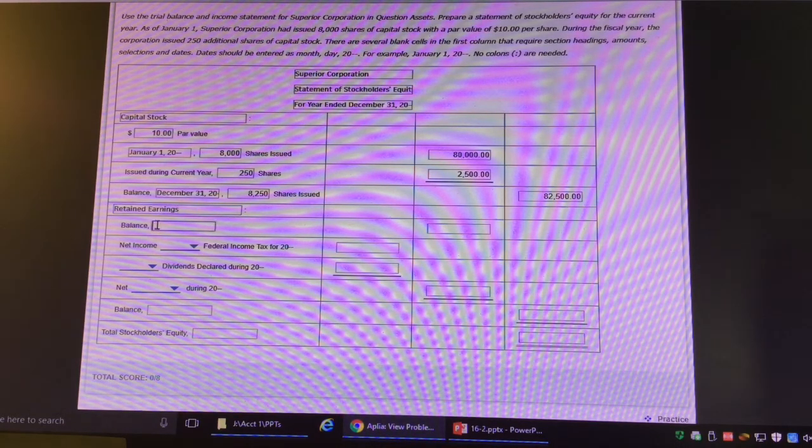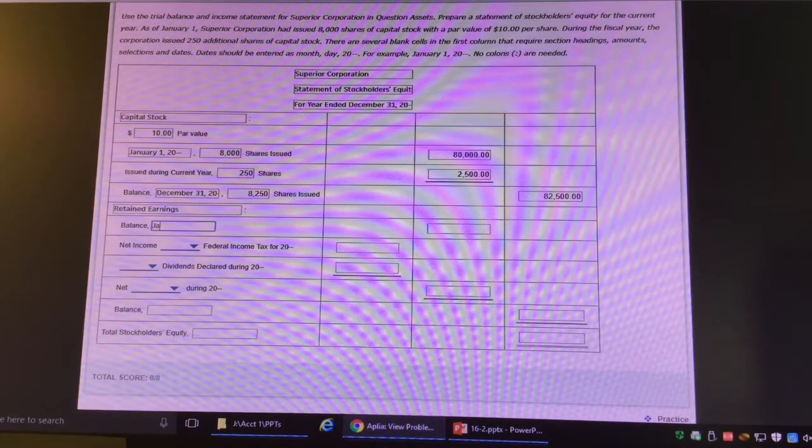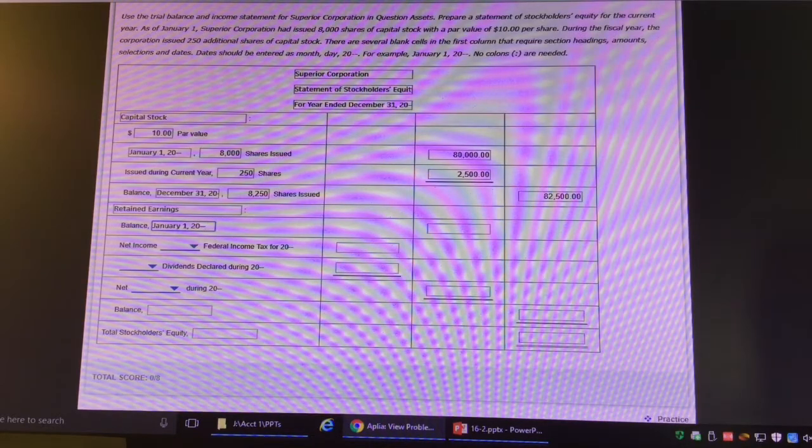Again, we look at our balance on January 1st. On January 1st, we had $15,283.40.